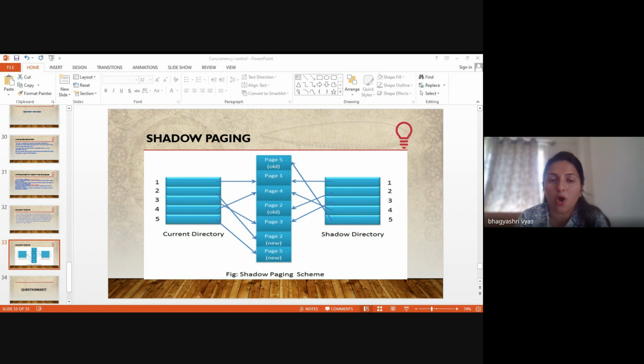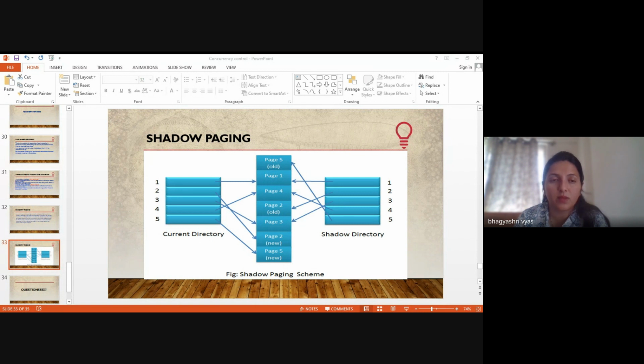This is the last topic which we are covering. We have covered concurrency control, part of transactions, and part of the log based recovery.